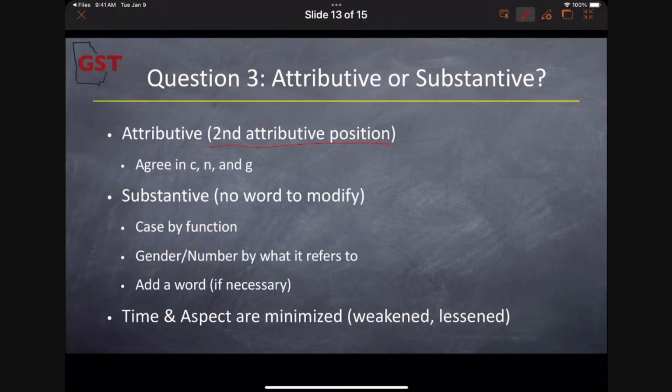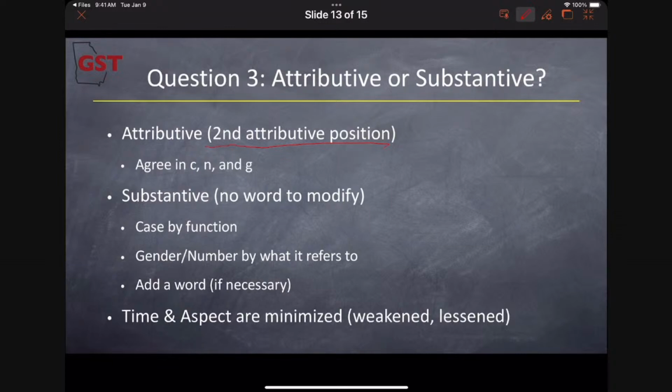You can have the article with the adjective and then the noun. It's still first attributive position, because the article is with the adjective and not with the noun. But that doesn't occur for participles. Participles are always second attributive position. That means both the noun and the participle will have an article.